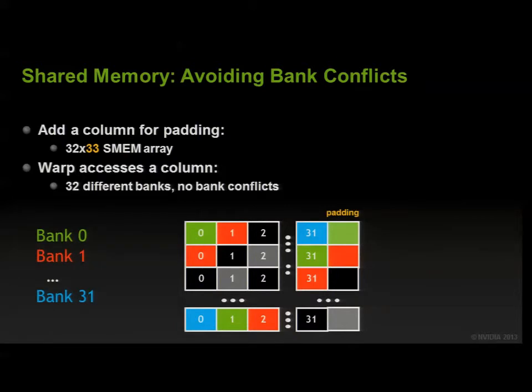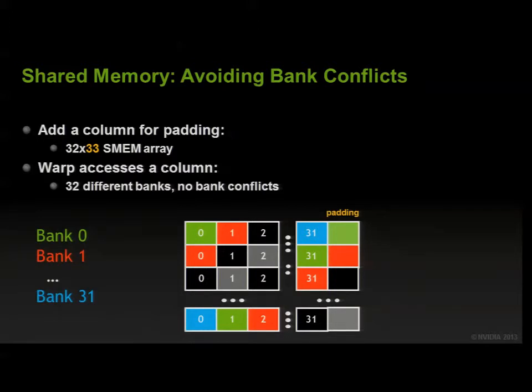Again, it's one of those optimizations that I probably wouldn't immediately spend a whole lot of time on. The profiler will also tell you that you might have shared memory bank conflicts. It can actually tell you how many when you run the application. So you don't need to do some tea leaf reading or anything like that. You can just base your assessment on these numbers and see, oh, I actually have a huge amount of shared memory bank conflicts.